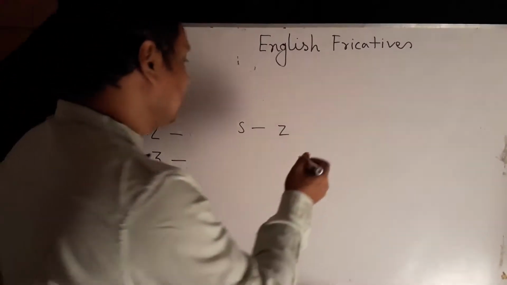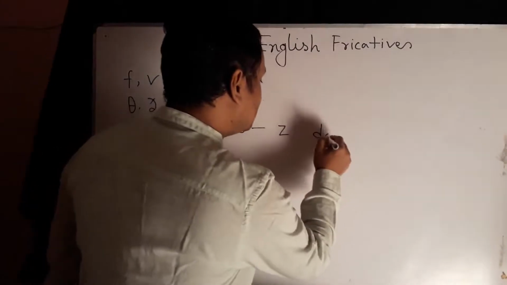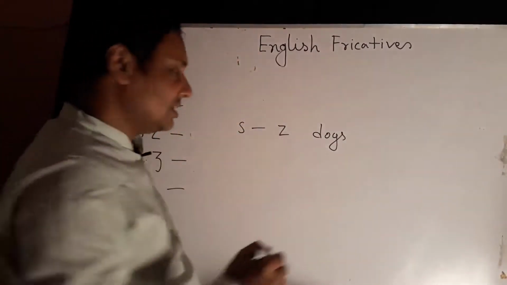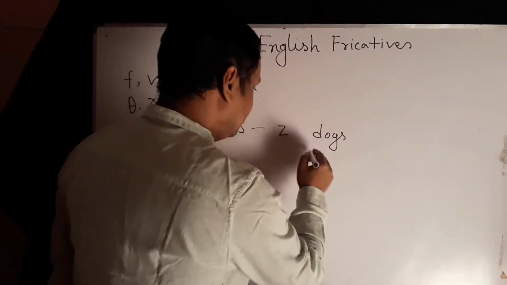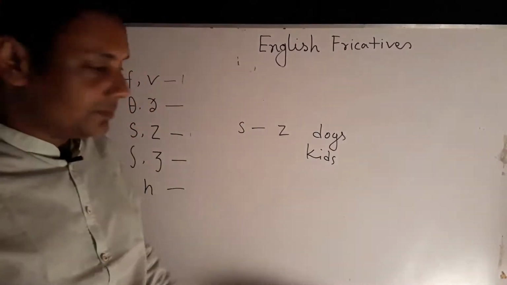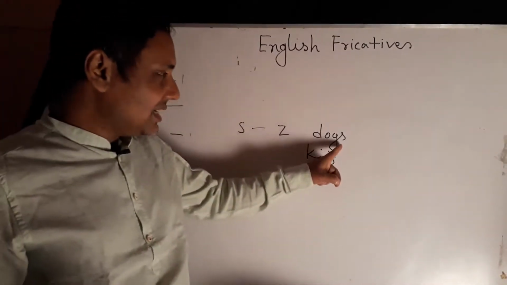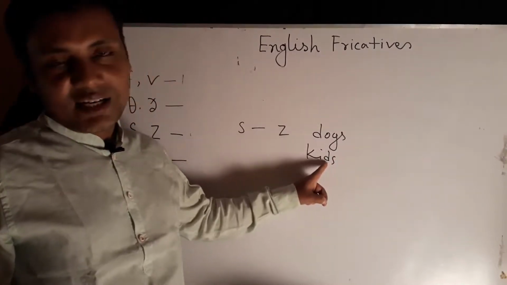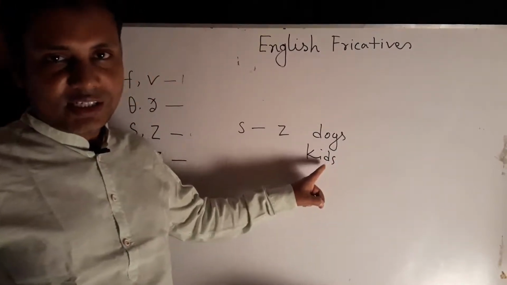For example, D-O-G-S, dogs, or K-I-D-S, kids, because here ga, da, etc. are voiced sounds.